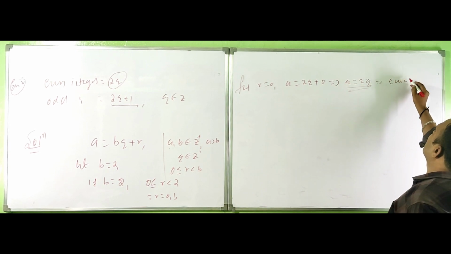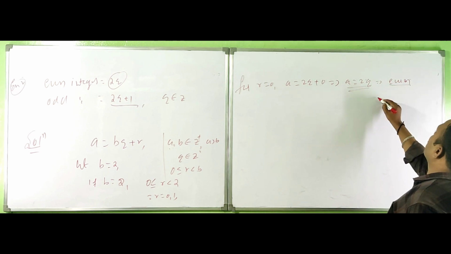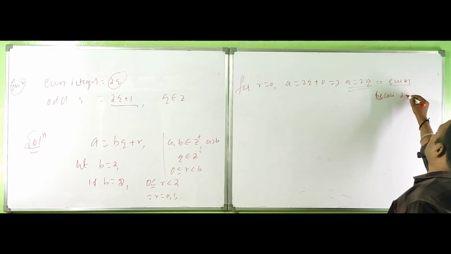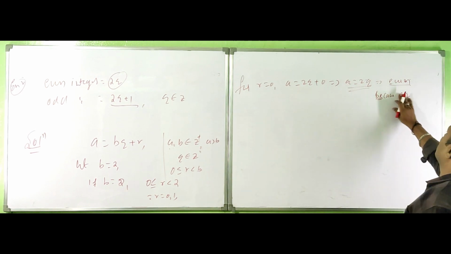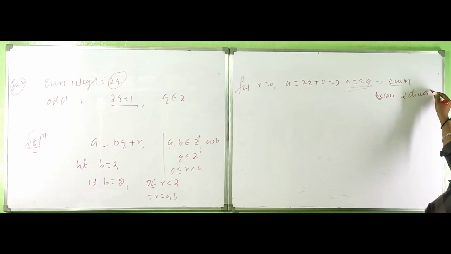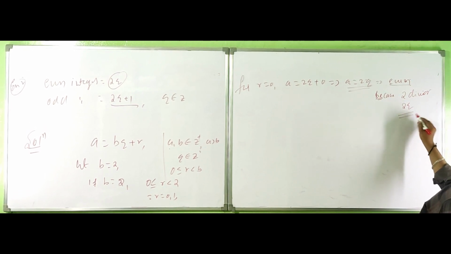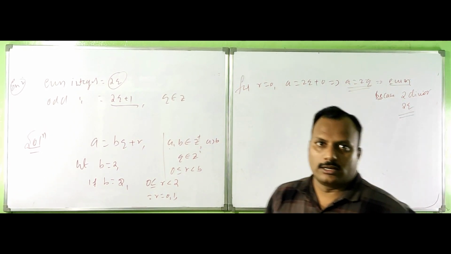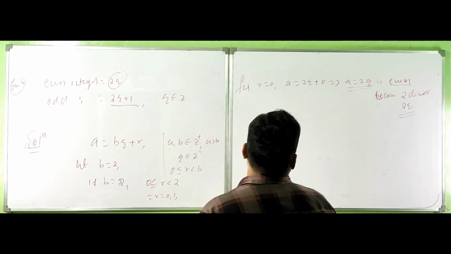2q means this is an even integer, because 2 divides 2q completely.